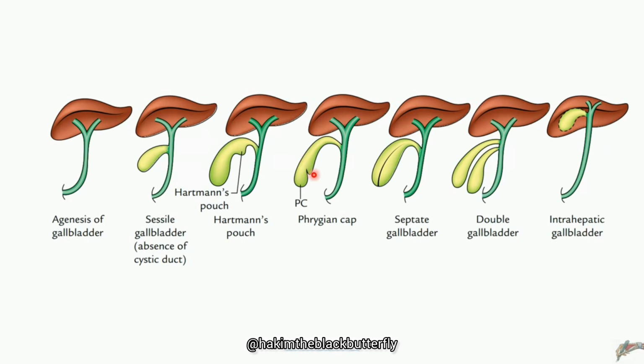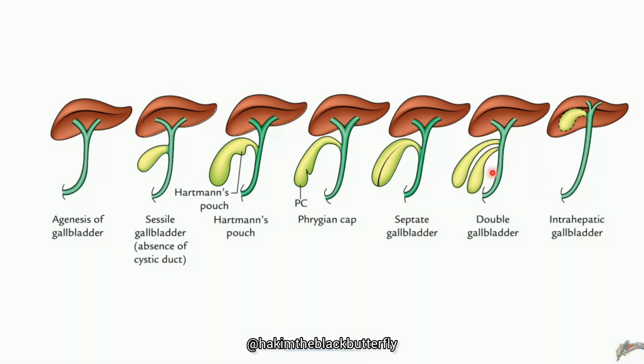We talked about that also. It's possible to have a linear septum dividing the gallbladder into two internally, and that is called a septate gallbladder. It's possible for this septum to completely divide the gallbladder into two. If it's divided into two, we call that a double gallbladder.